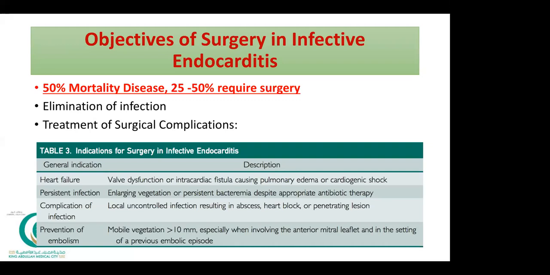Complications of infection include local uncontrolled infection resulting in abscesses, especially related to the aortic root, heart block, or penetrating lesions in the form of fistulae or pseudoaneurysms. Prevention of embolism applies if you have mobile vegetation more than 10 millimeters, especially when involving the anterior mitral leaflet in the setting of a previous embolic episode.